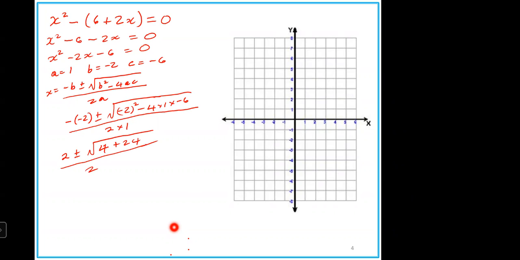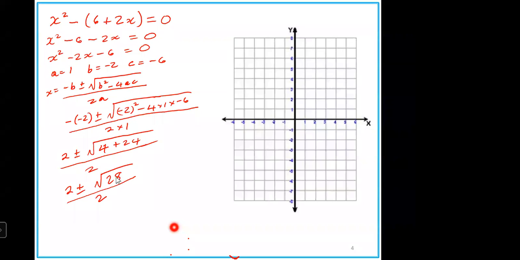So 2 plus or minus the square root of 28, all over 2. Okay, so now you don't have a perfect square here.